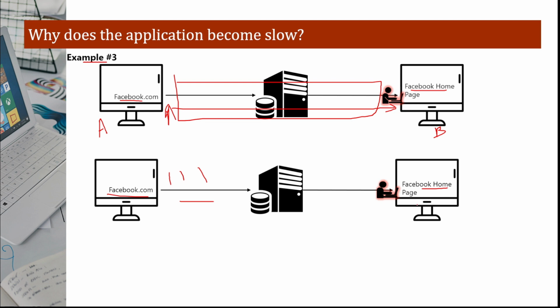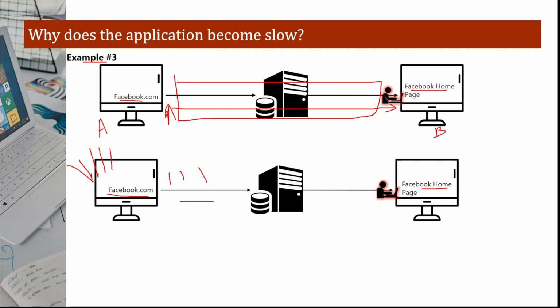Because as we saw in the previous example, when there was traffic on the road, you had to reduce your speed, and reaching the airport was going to take more than 15 minutes for sure. In the same way, your performance will be reduced, your speed will be reduced, and you will get the home page with some delay, right? So what is happening in this case? Load is increasing.